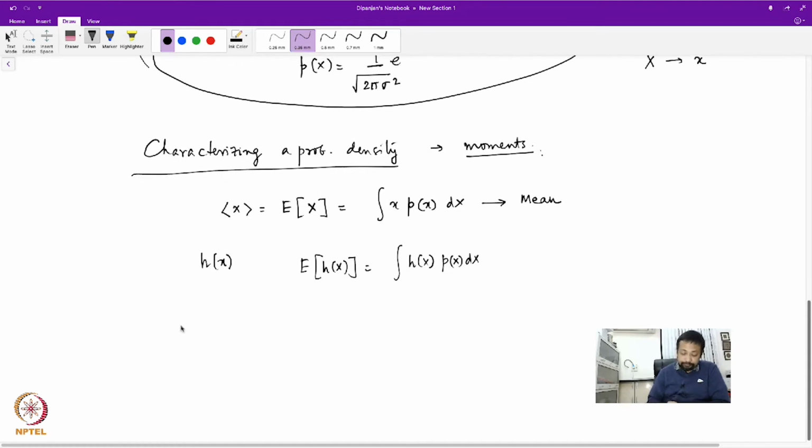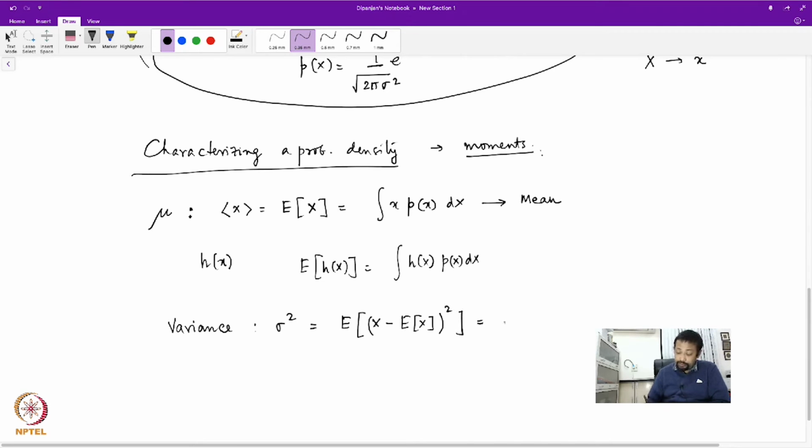The variance is denoted by sigma square, whereas the mean is typically denoted by mu, and that definition is E of (x minus the average of x) whole square.